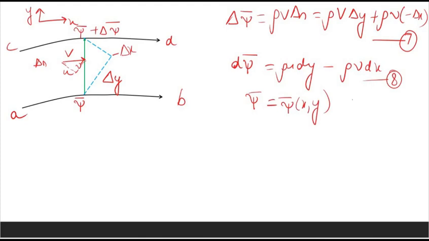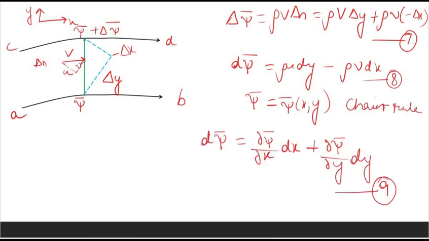So if we apply the chain rule and compare these two equations, that is equation 8 and 9, can I write rho u is equal to dou psi bar by dou y and rho v is equal to dou psi bar by dou x?